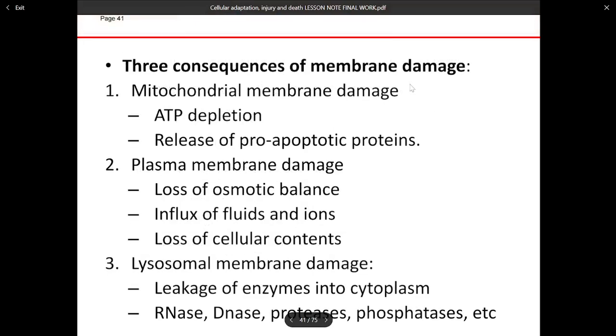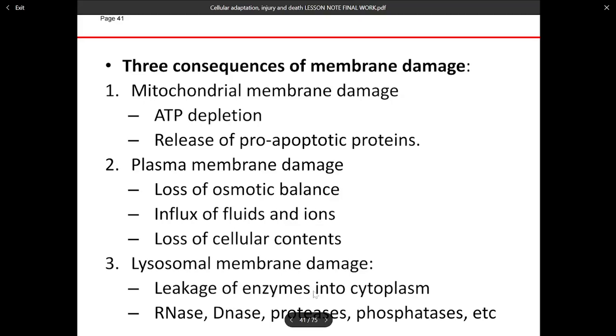There are three consequences of membrane damage. The first is mitochondrial membrane damage, which will result in ATP depletion and the release of apoptotic proteins. Secondly, there's plasma membrane damage. There's loss of osmotic balance, which will result in influx of fluids and ions into the cell, and there will be loss of cellular content. And thirdly, there will be lysosomal membrane damage.